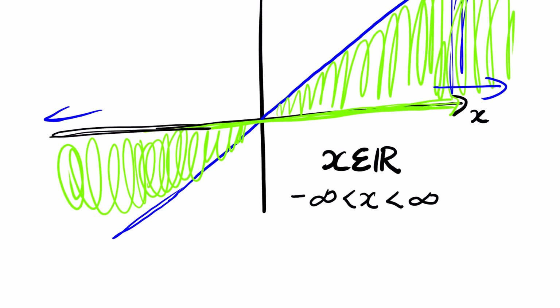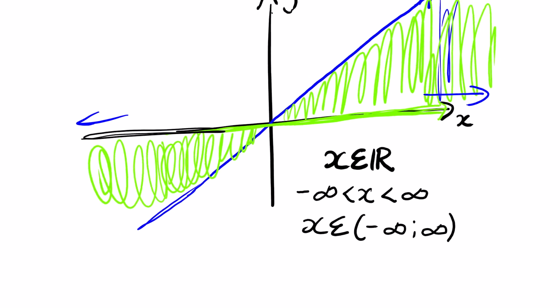Another method, we can use brackets. So x is the element of from negative infinity to positive infinity. So this is how we write the domain for this specific graph.